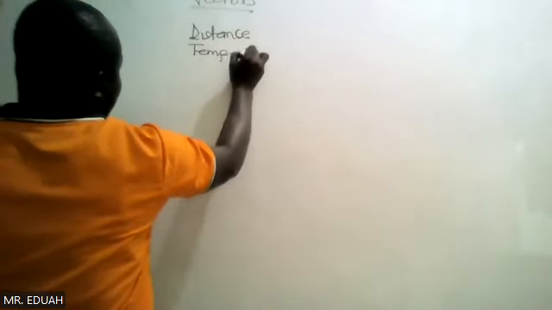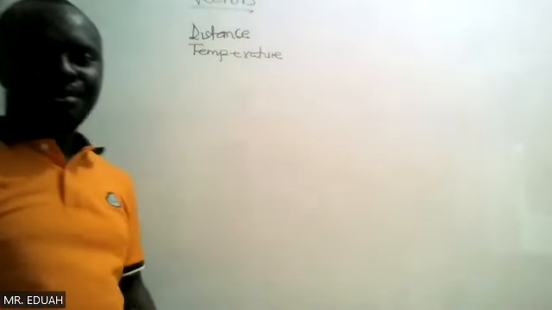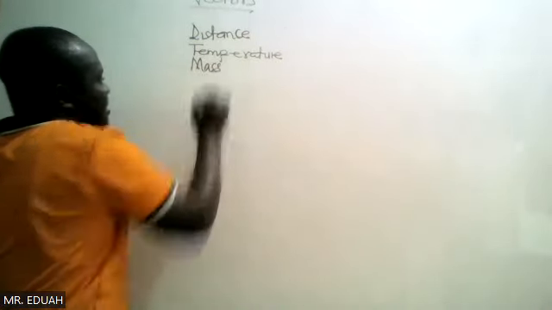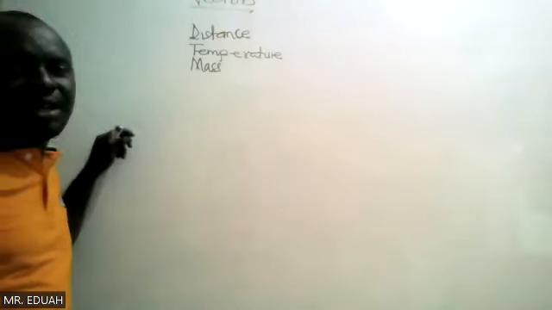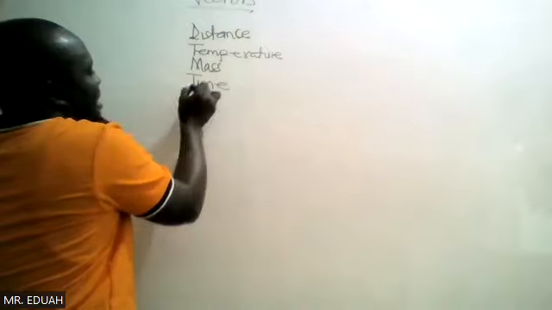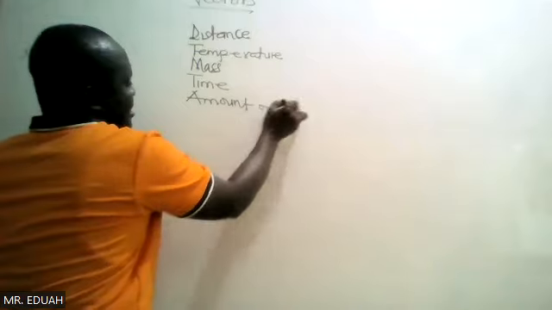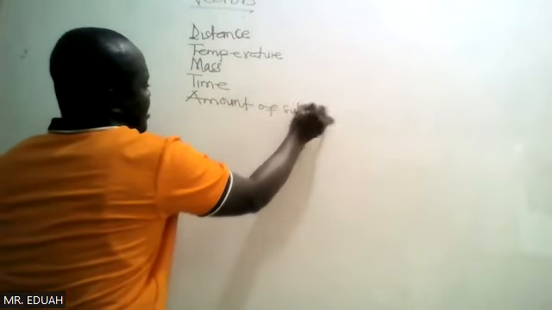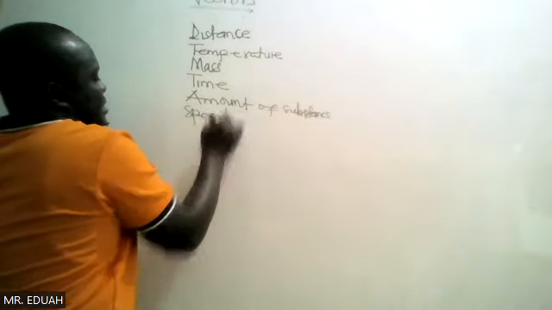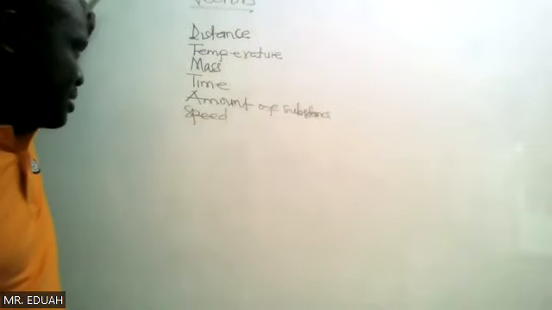What else? Mass. Good. Amount of time. Good. Speed. Amount of substance.